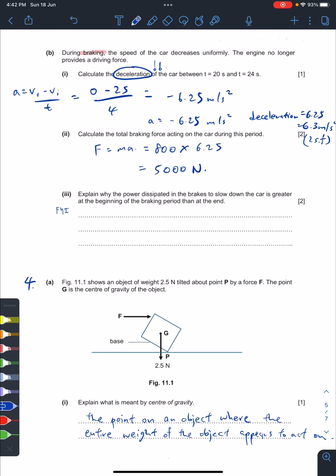We will learn that soon. So this is about power. You can, of course, listen and try to have a glimpse of what you're going to learn soon. Power is essentially how much energy is transferred per unit time.